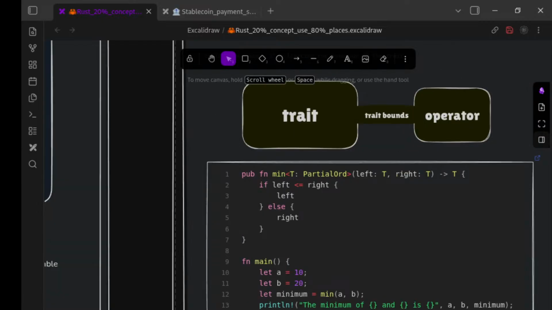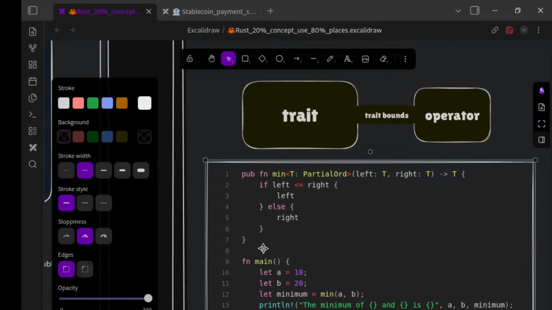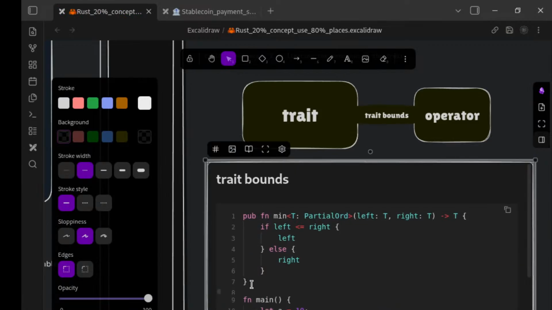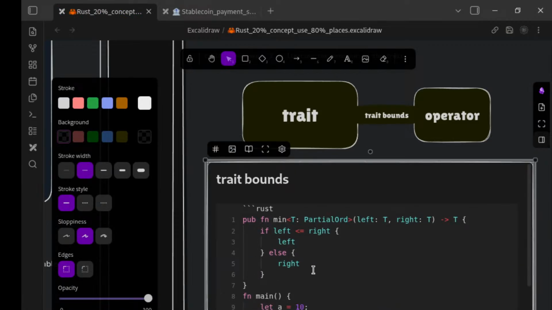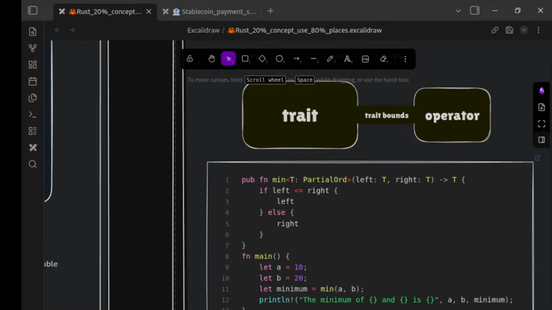Here you can see we are using this operation. Sorry, this is a logical operation.